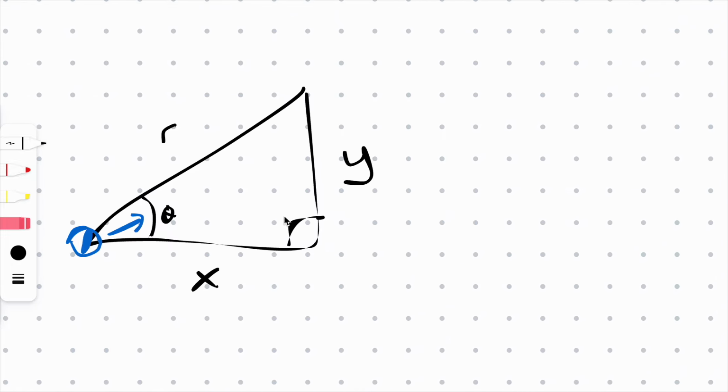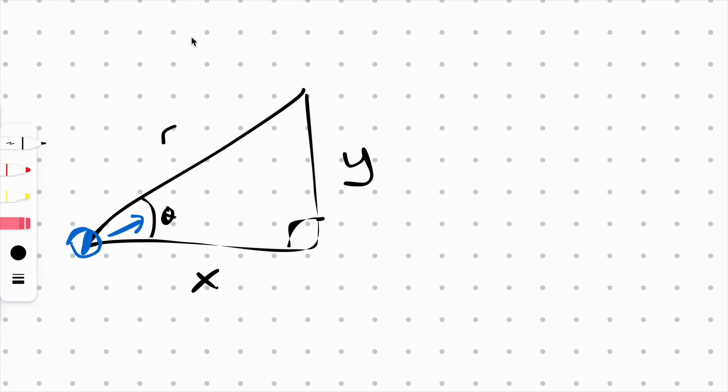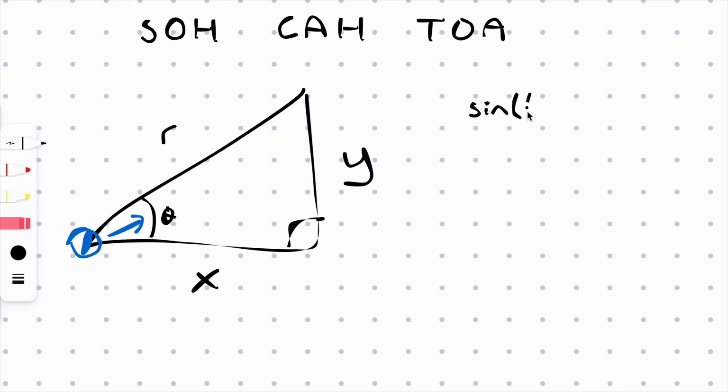And so what we want to do is remember some of our trig ratios. Remember SOH CAH TOA. Really, I'm only going to talk about sine and cosine right now. We have sine of theta, looking at it from this angle, is opposite over hypotenuse.